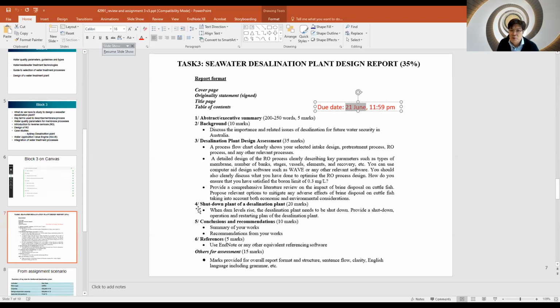Also, the shutdown plan and restart. When you have enough rainfall, so we have enough water resource in the dam, how do you shut down your seawater desalination plant and how do you restart?